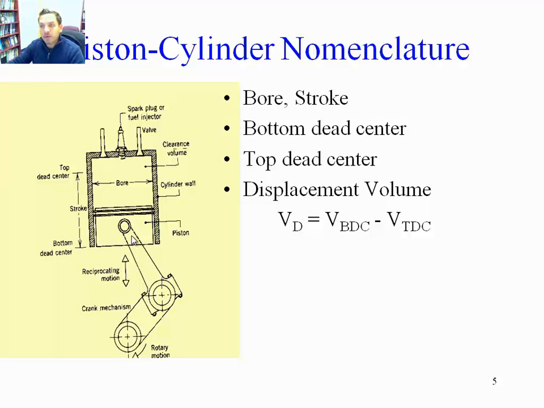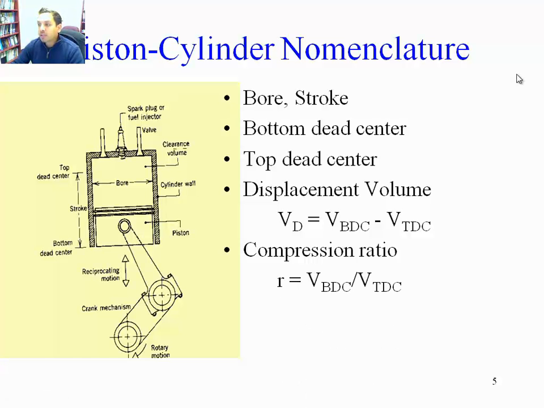Multiply times 4, you have 2 liters. So that's the displacement being the volume, not the distance. Although displacement is a word that relates to distance, in the piston cylinder assembly nomenclature, displacement relates to volume.